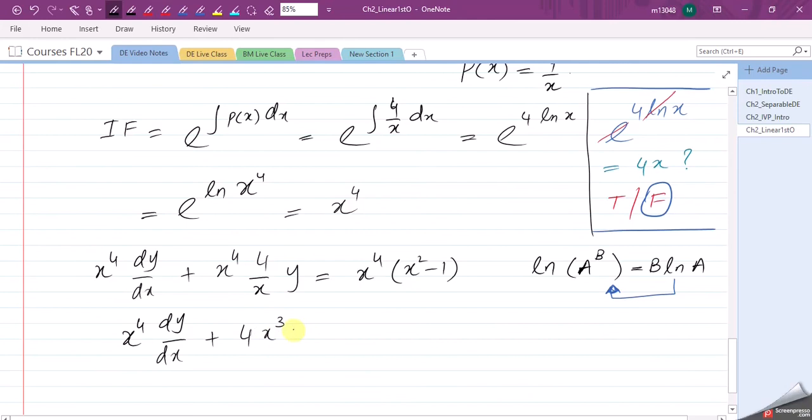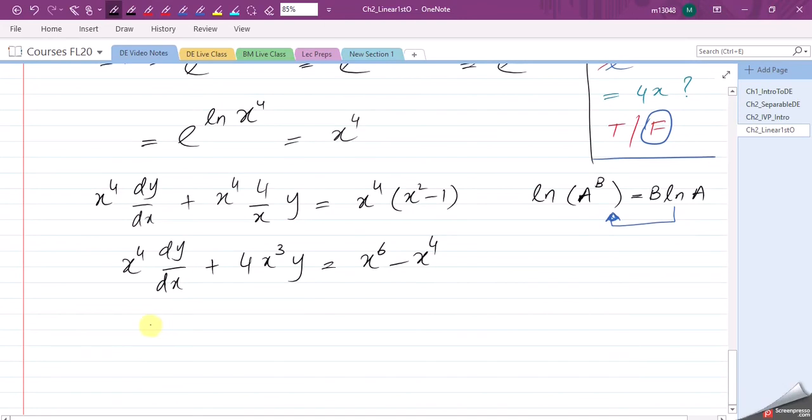x^4 dy/dx plus 4x^3 y equals x^6 minus x^4. Now our method tells us that at this stage the left-hand side should become d/dx of (y times IF), and the right-hand side is the same.